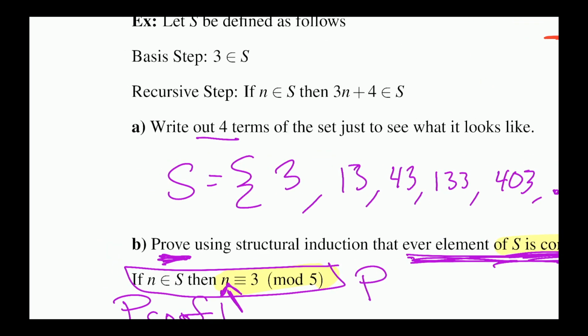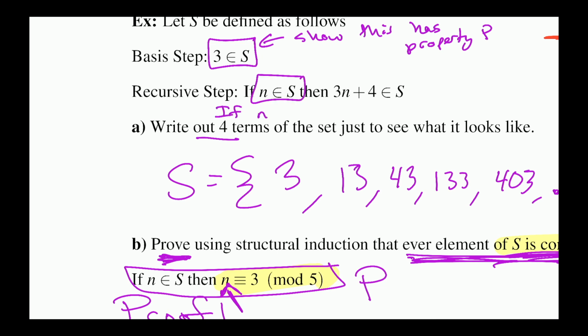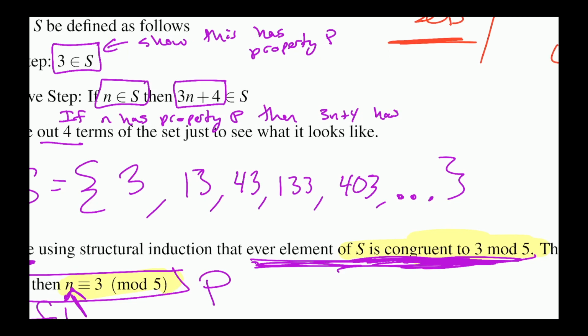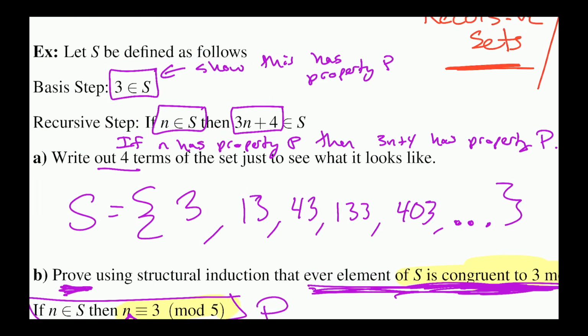For structural induction, what you do is you show the base case has property P. And then the recursive step of the proof is you say if n is in S, so if n has property P, then this 3n plus 4 has property P. And that's structural induction when you do that.